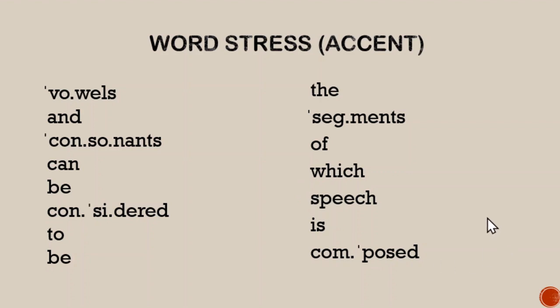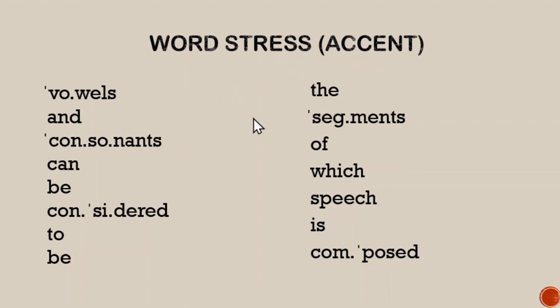Of course, the pronunciation of individual sounds is important, but the accent is also equally or even more important because the accent has the ability to disturb the phonetic structure of the word. So, towards attaining a greater mastery of English language, we need to have a better grounding of what is called word stress or word accent. Now, what is accent or stress? These are words that we can use interchangeably.